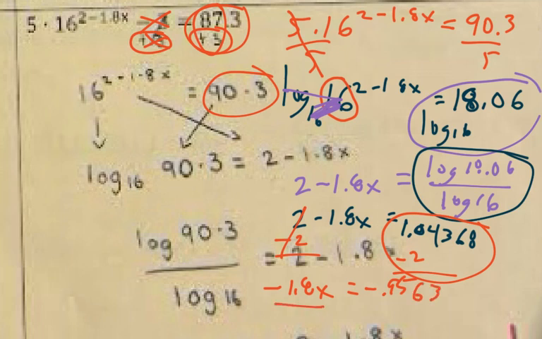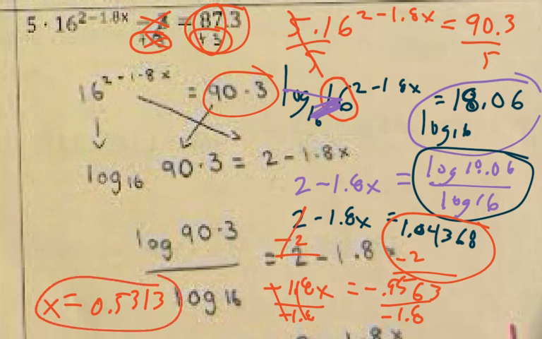And finally, I can divide by negative 1.8. Now, all I ask is that you just verify my calculator works. I'm using my phone right now, so keep that in mind. So what I got is x is going to be positive 0.5313.